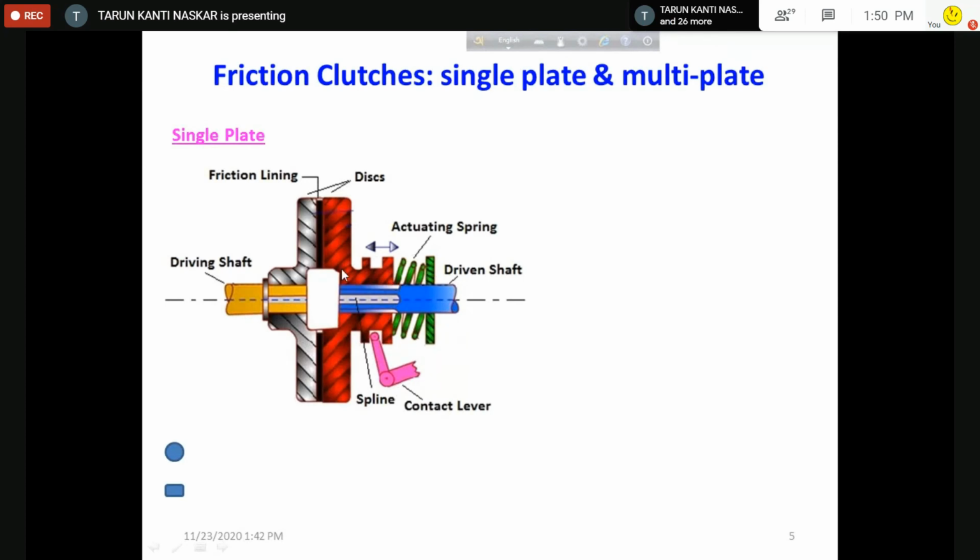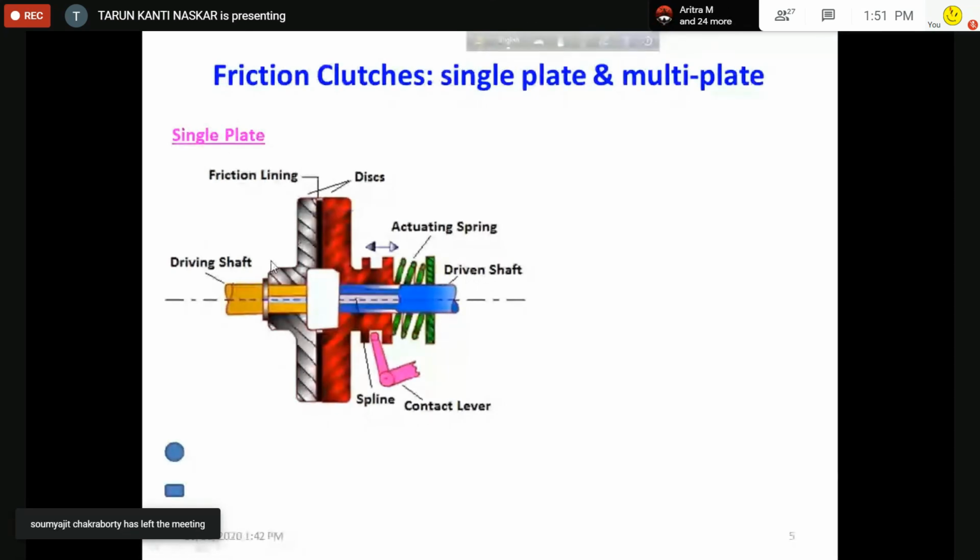to make it contact with the driving plate, and in between there is friction lining. So two discs with friction lining in between, and there is a spring. By the spring force, it is just pressed onto the surface of the driving shaft.